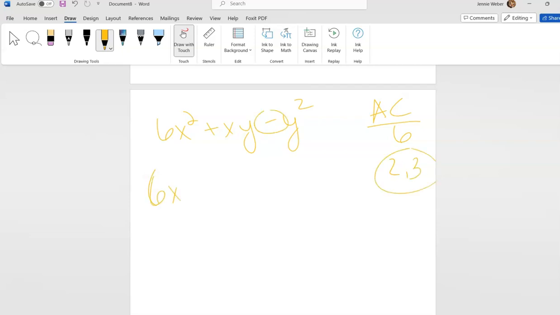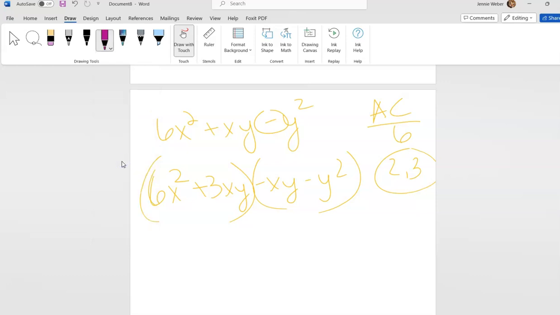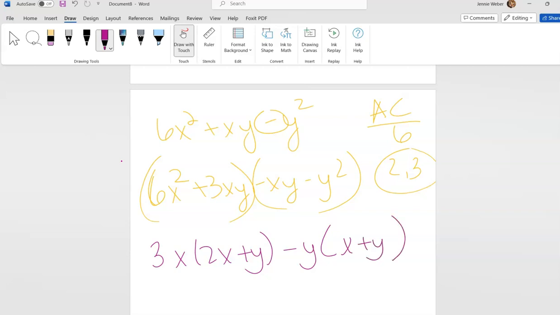So I have 6x squared plus 3xy minus xy minus y squared. So now I'm going to pull out a 3x, leaving me 2x plus y. Here I'm going to pull out a negative y, leaving me x plus y. Oh, this is a 2. This 2 right here. Okay, this is a 2.